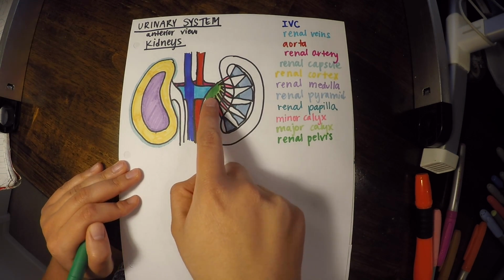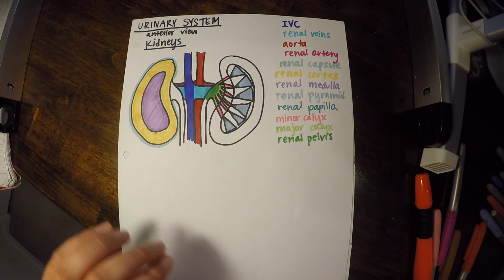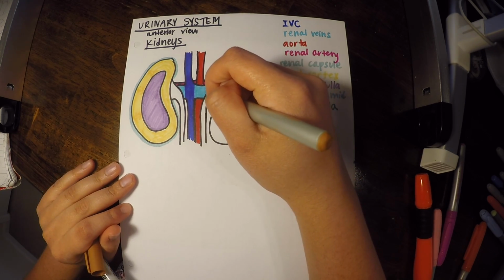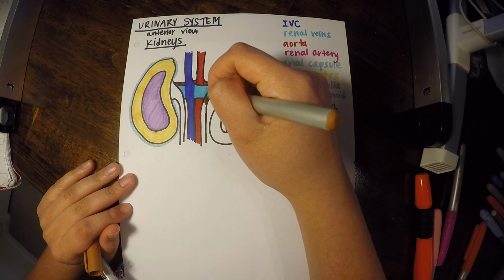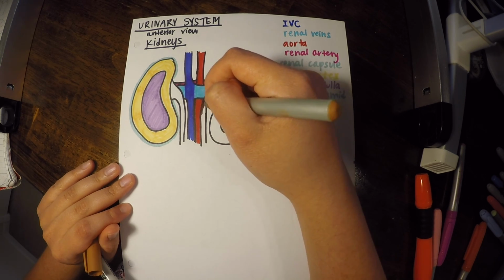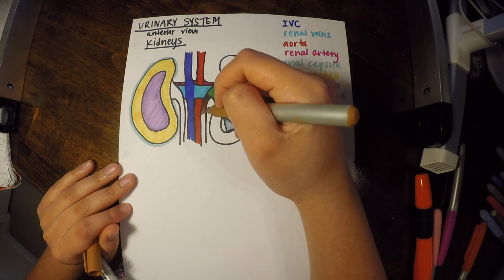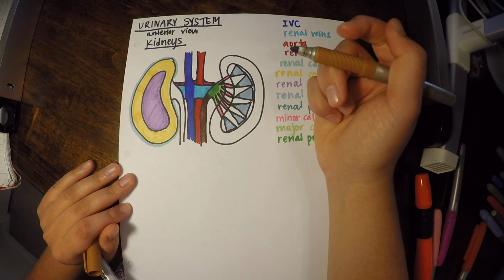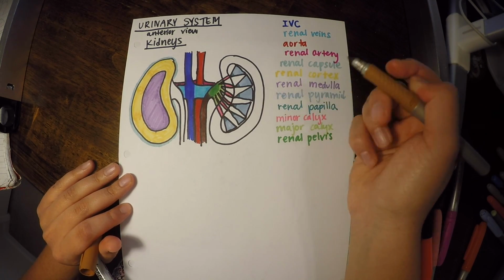So this renal pelvis is then going to actually turn into our ureter, which is going to be this brown part there.